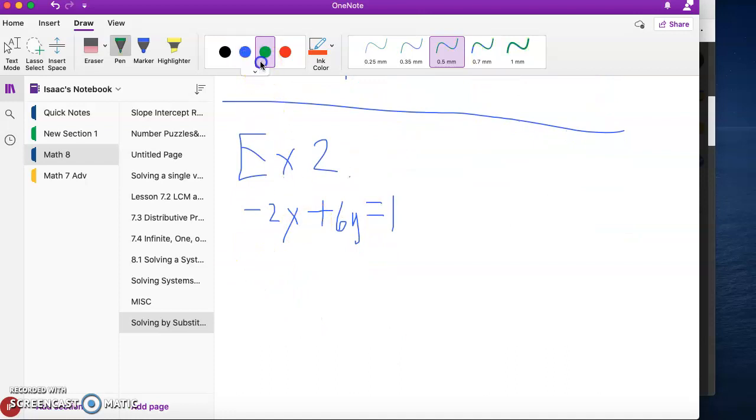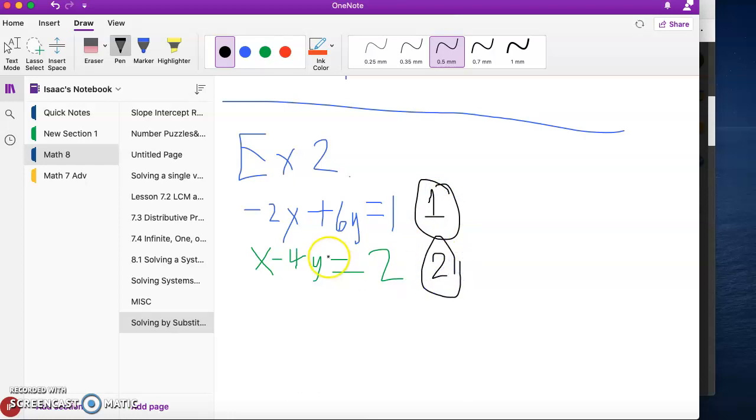And for my second equation in this system of equations, I've got x minus 4y equals 2. I'm going to label this one number 1, this one number 2.